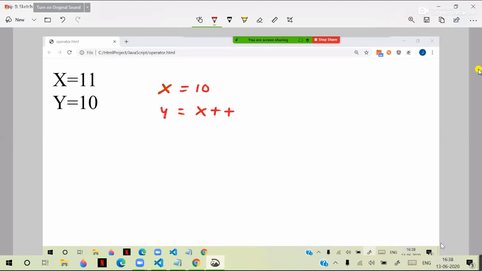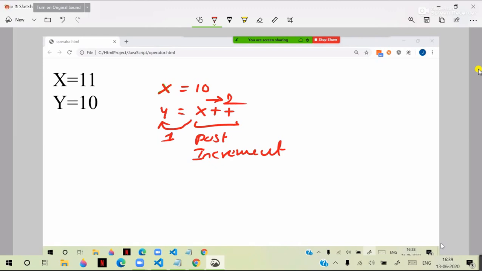Now this is called post increment. Generally in post increment, the value of x is first assigned to y. After that, this increment will happen. This is first and this is second.